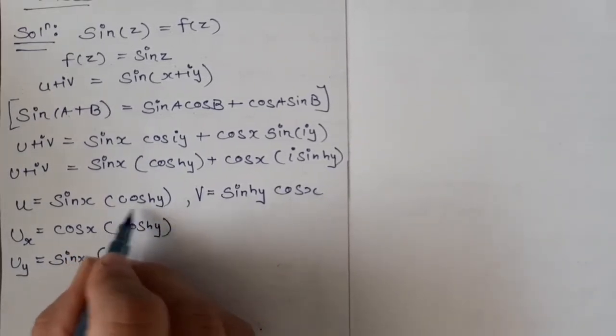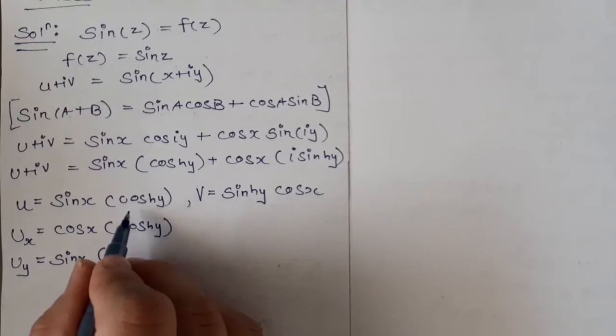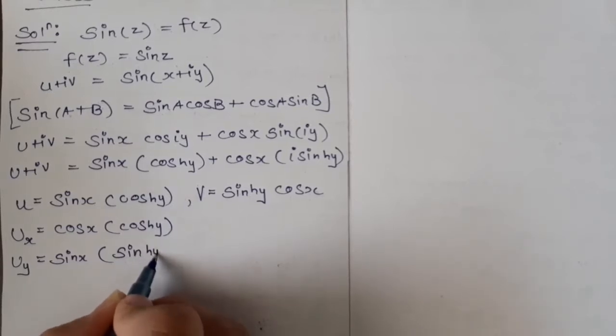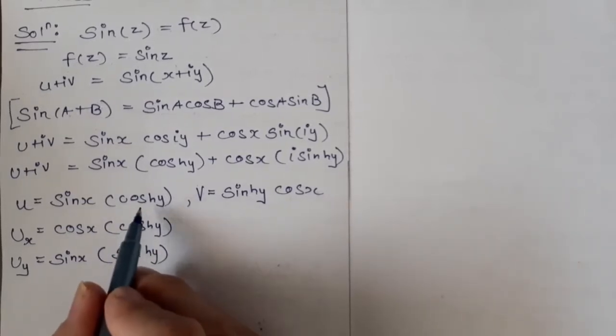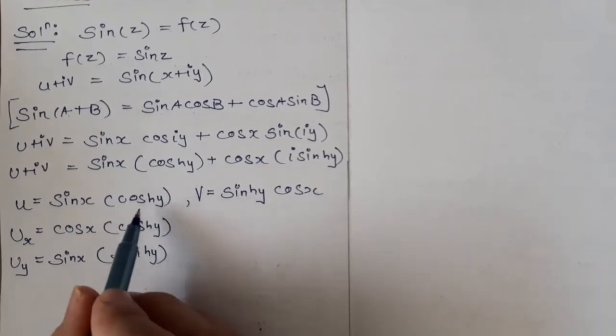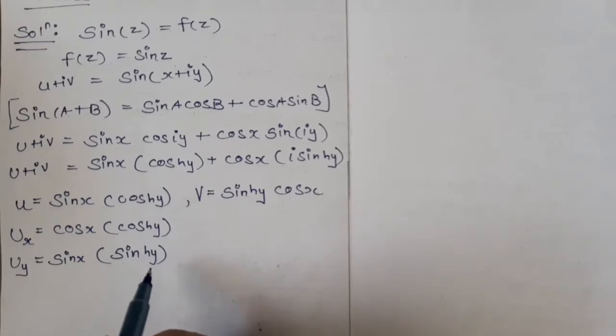This is not the normal cos function; it is the hyperbolic cos function. So the derivative of cosh y will be sinh y. If it was cos x, the derivative would be minus sin x, but here the function is hyperbolic, so the derivative of cosh y will be sinh y.